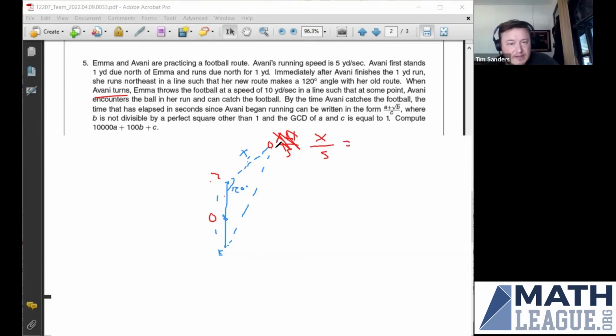And Emma is throwing the football, and that's a distance we divide by 10 yards per second. So we're going to take whatever this is and divide it by 10, and then we'll be able to solve for x. All right, so I guess we just law of cosines that then, right? Yeah.